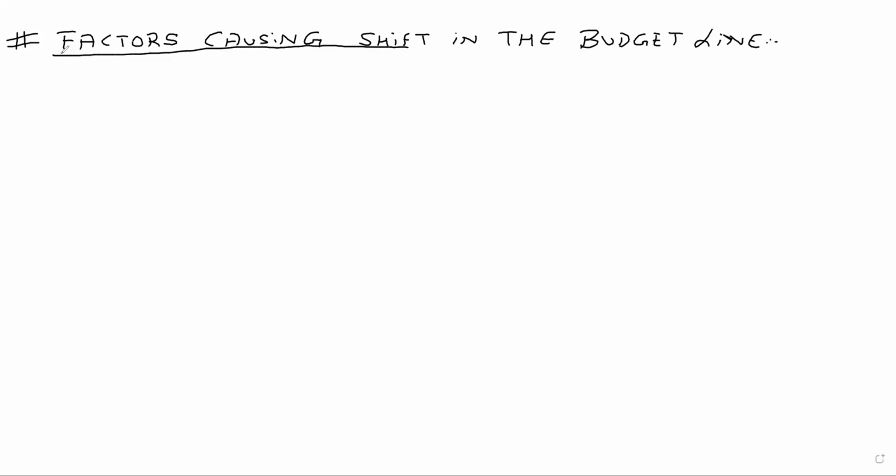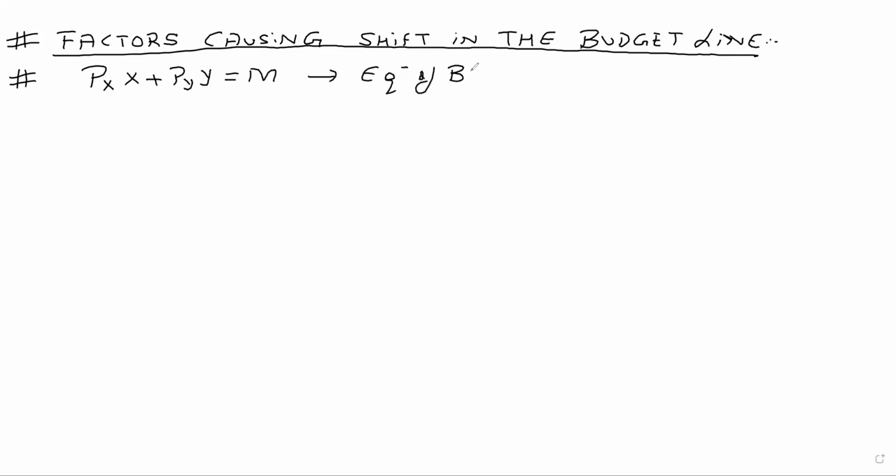So guys, what is the equation of the budget line? The equation of the budget line is Px times X plus Py times Y equal to income. Now the first factor which causes the shift in the budget line is the commodity prices Px and Py. And another factor is income.